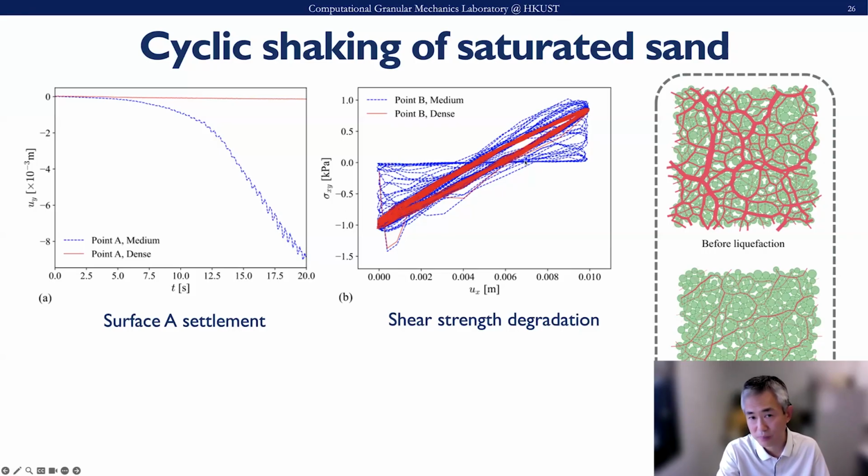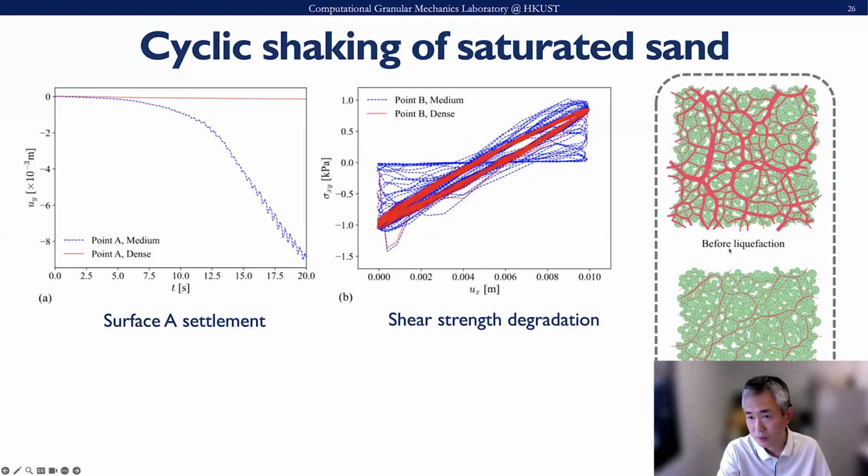Also, if we compare the shear modulus in this plot, the red one gives us, after a certain number of cycles, a shear modulus that remains quite similar, but the shear degradation of the modulus is quite significant for the medium case. Initially you have quite a similar modulus, but later on it reduces to almost zero.